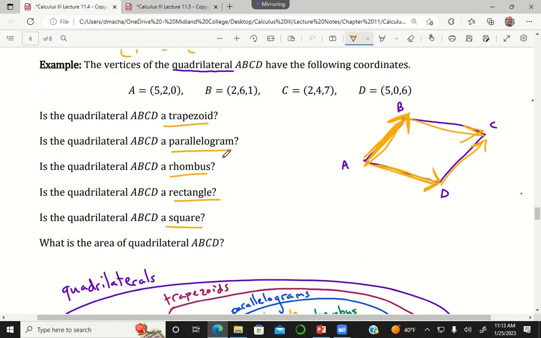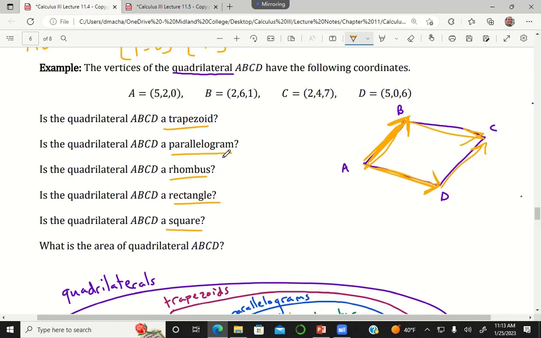The opposite sides equal length? Yeah, opposite sides could be equal length. You could have a parallelogram with opposite sides equal length, but you need all sides. Oh, you said all. Okay, if it's a parallelogram and all sides are equal length, that would just be a rhombus.